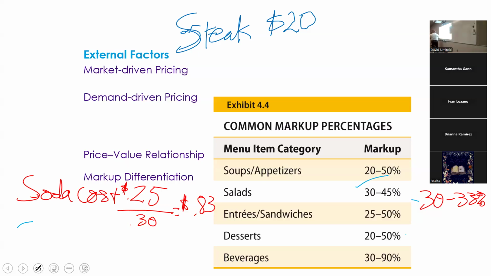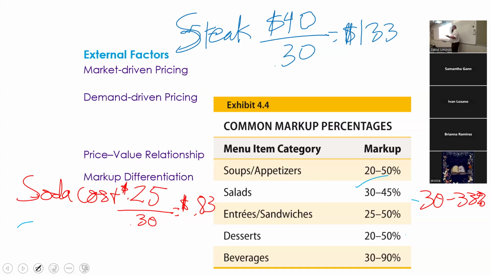Let's make it $40. We're at a high-end restaurant. Right? So that steak costs $40. If I apply that same concept of 0.30, what is my suggested selling price? $133. Okay. So we'll say $133.